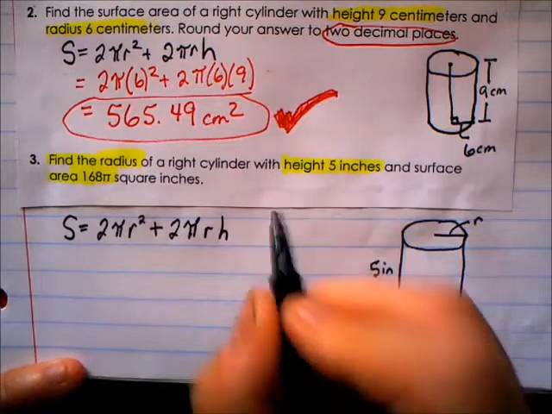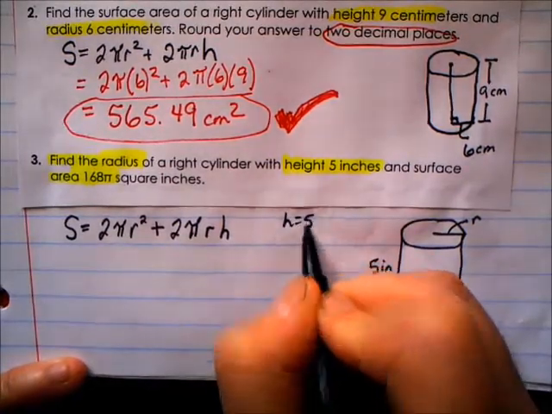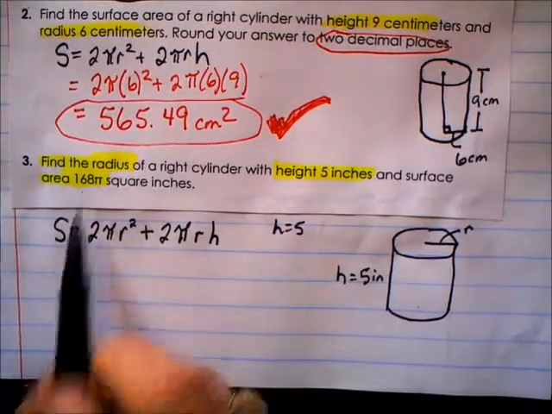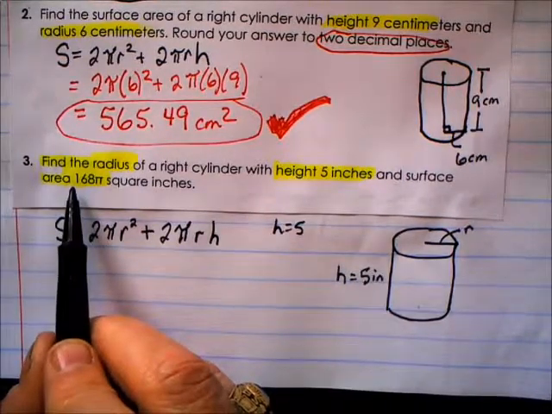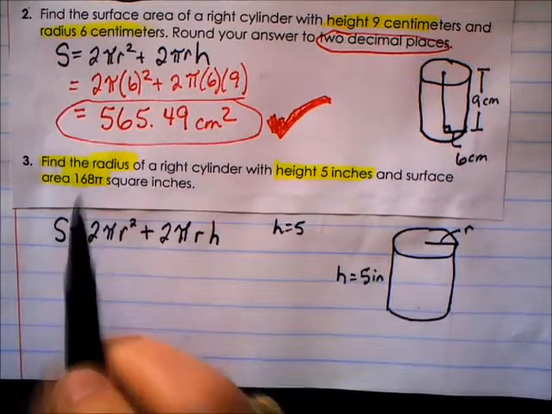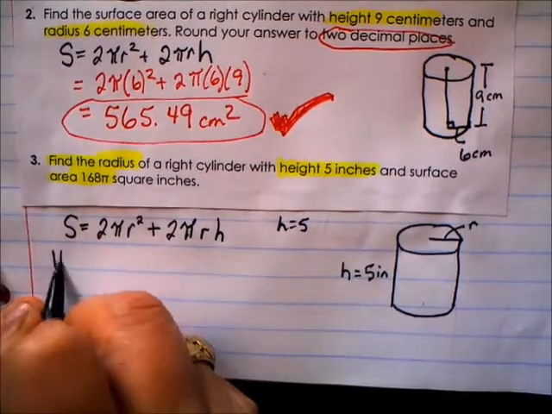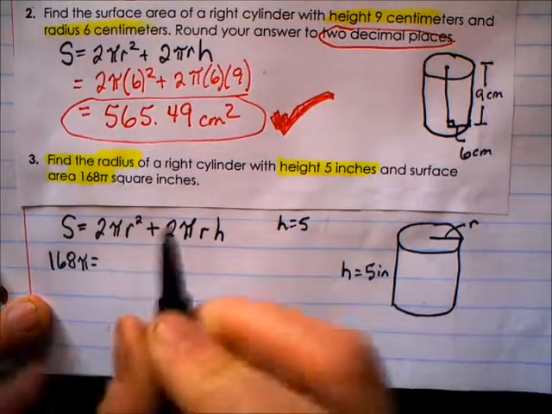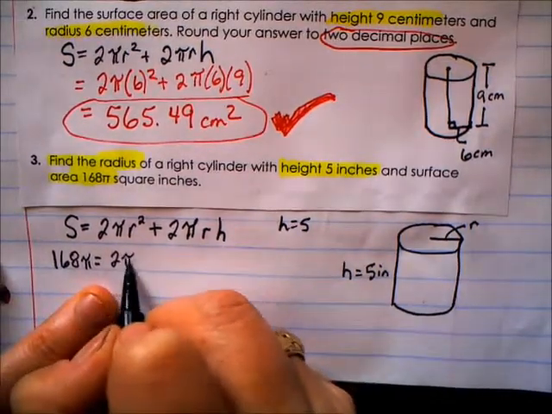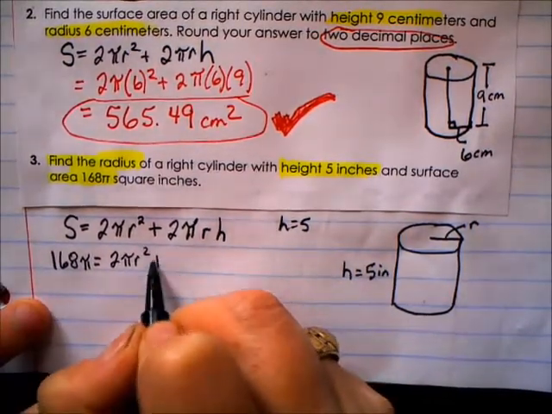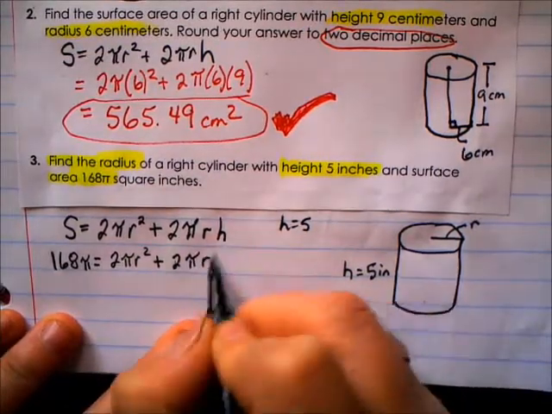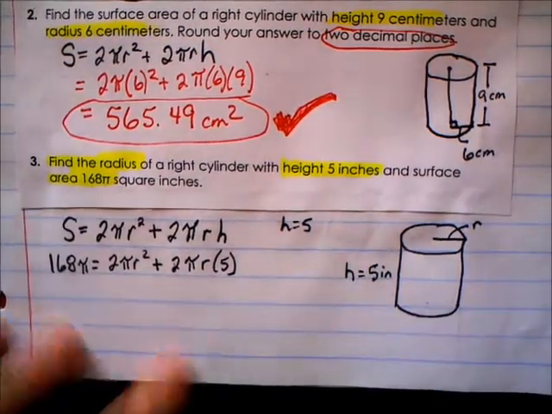The height, they tell you, is 5 inches, and then they tell you that the surface area is 168 pi. So I'm going to replace that in the front location. So it equals 2 pi r squared plus 2 pi r, and then I have the 5 for the h.